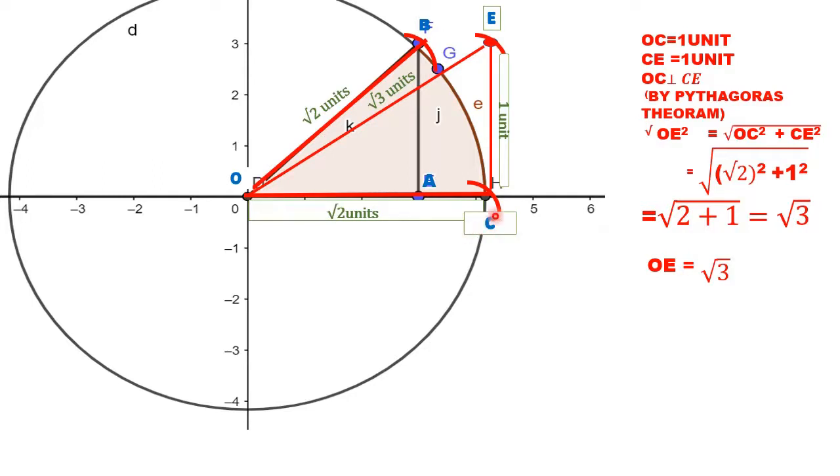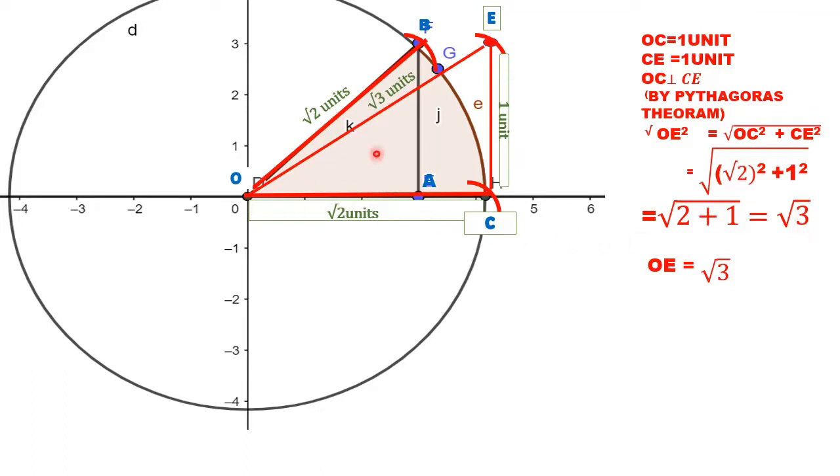Now 2 plus 1 squared, and 1 squared is 1. Now taking the square root on both sides, of OE squared, the hypotenuse, the square root of 3 is root 3. Therefore, OE is equal to root 3.